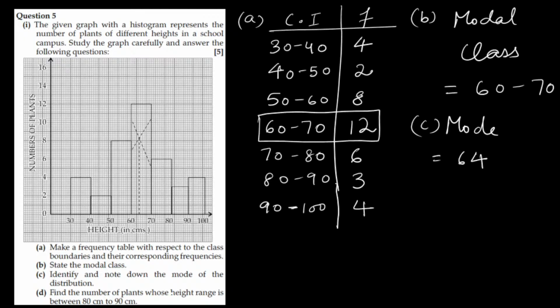Find the number of plants whose height ranges between 80 to 90. So 80 to 90, opposite frequency, you can see. So that's what you have to write. Number of plants is along the y-axis. So how many plants are there? Frequency is telling us how many plants. So the number of plants whose height range is between 80 to 90 is 3.